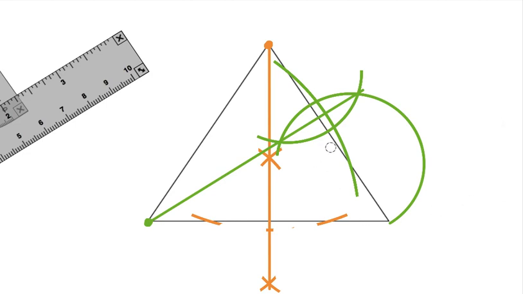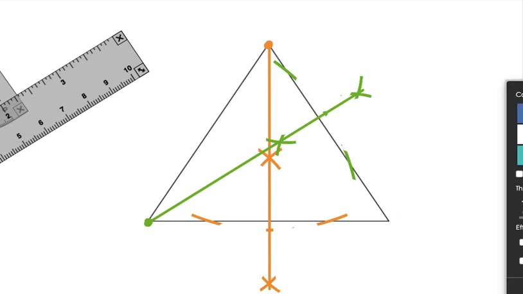So I'm going to do a little bit of cleanup again so that I can focus on my next side. I'm only going to leave those intersection points that were important to my construction. All right, so we have one more side to work with and one more vertex.